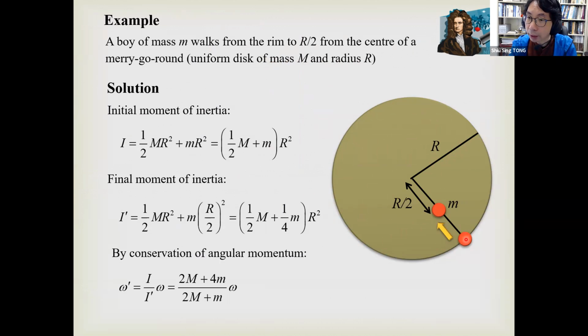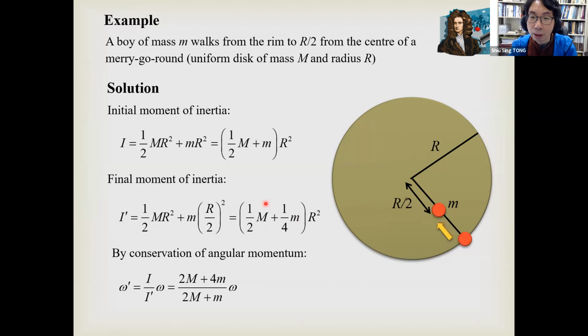So you have a boy at the rim of the merry-go-round, and the boy slowly walks towards the center, and eventually the boy comes to a distance of R/2 from the center of the merry-go-round. So my question is, how would the angular speed of the boy and also the merry-go-round as a whole change when the boy walks inward?